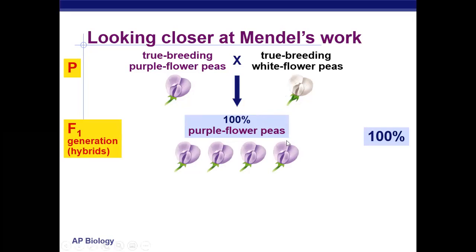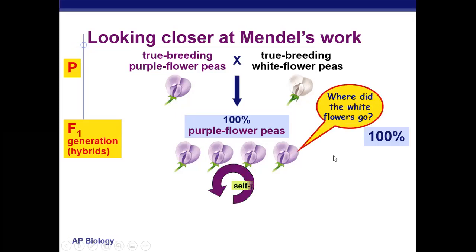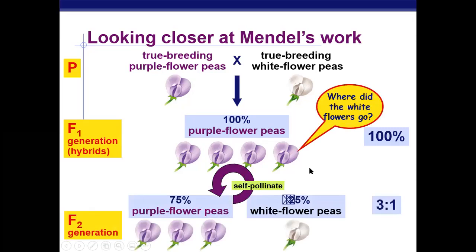But what happens now if we do an F2 generation? So self-pollinate your F1 generation and looky here. In our F2 generation, we are going to get 75% purple and 25% white, a ratio of 3:1.